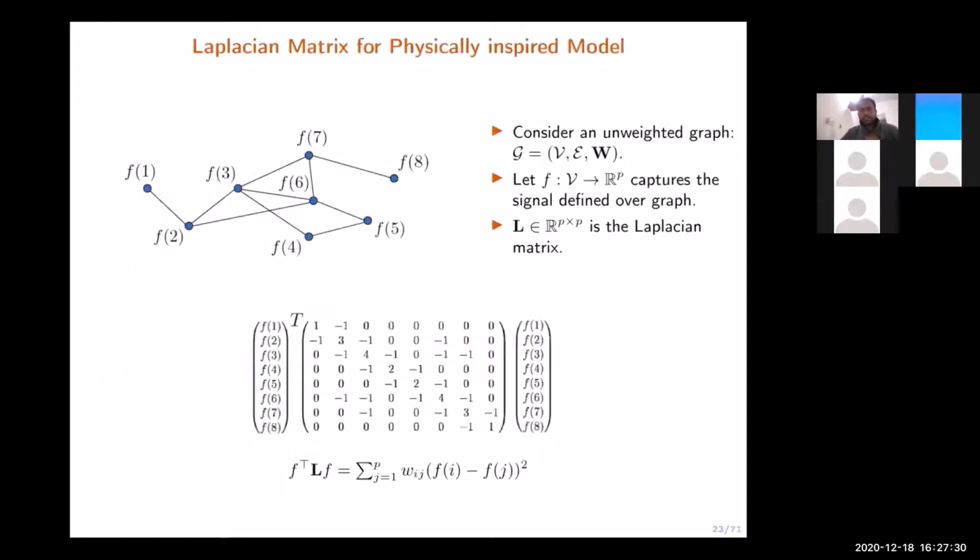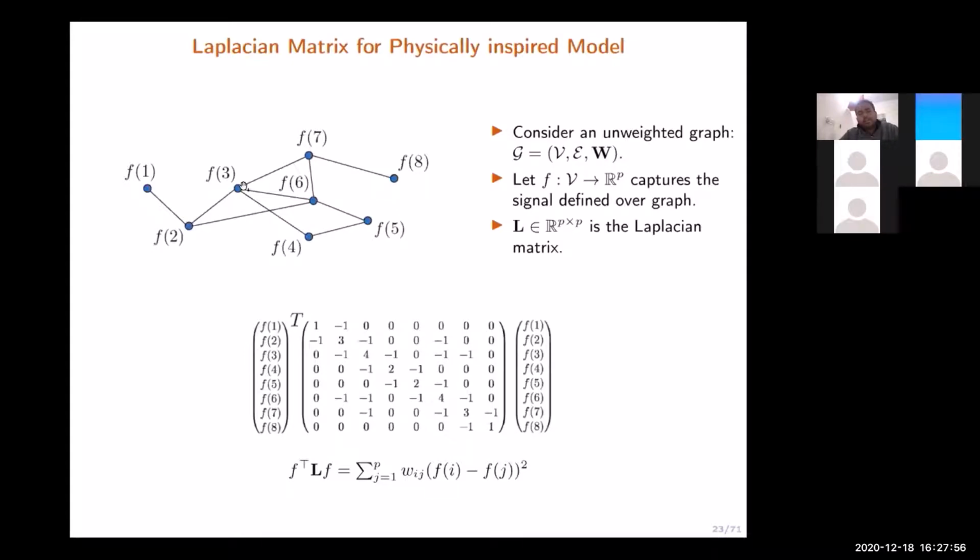Let's see an example. What do we mean by Laplacian smoothness over a signal? Smoothness simply means that, suppose we have some signals given on the nodes of a graph, if two nodes are connected, then the signals defined over these two nodes will have a certain property.